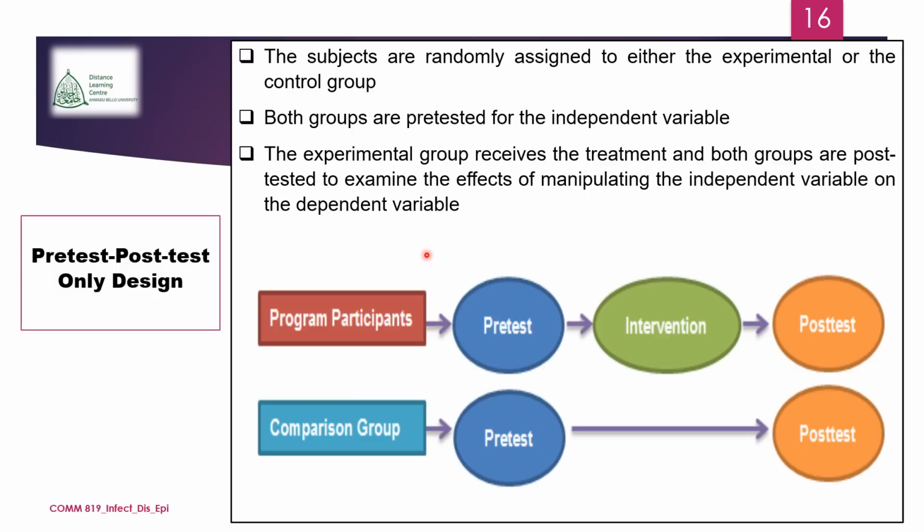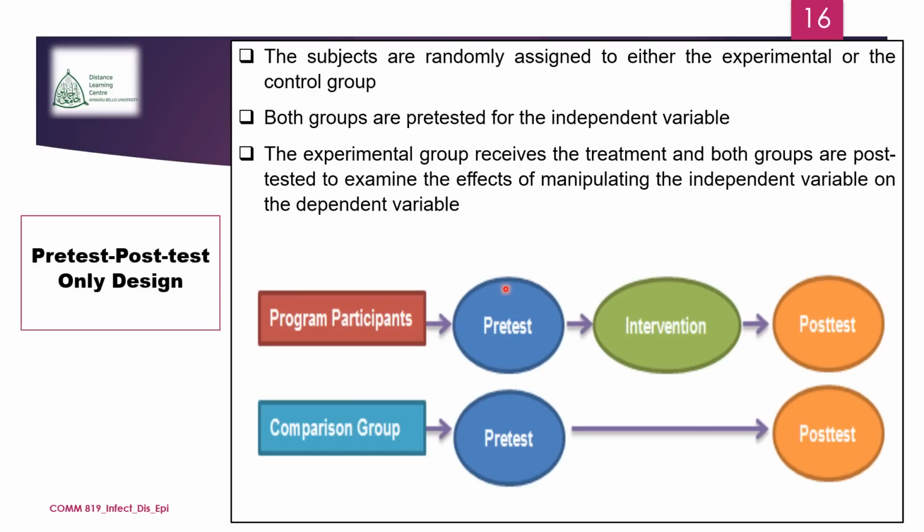In a simple chart, you have program participants. This is the experimental group and this is the comparison group. Before intervention, both groups were pre-tested. You took their baseline data.